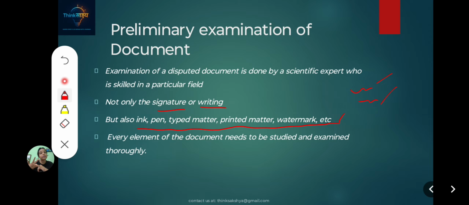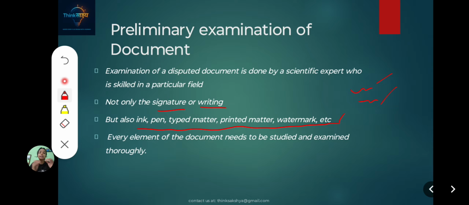In a pen, there will be ink. Also, if we are printing any document or getting it photocopied, it might be printed matter. The types of printed matter are different because we have various types of printers. The types of inks are different. We have red ink, blue ink, black ink, and even in black ink there are variations of color or the composition of the inks.